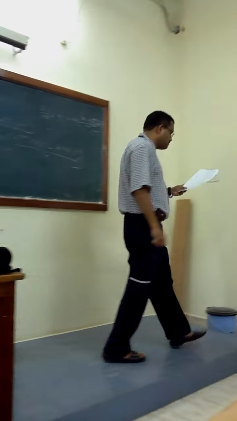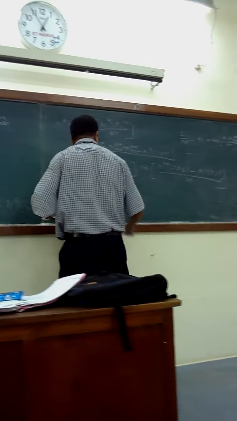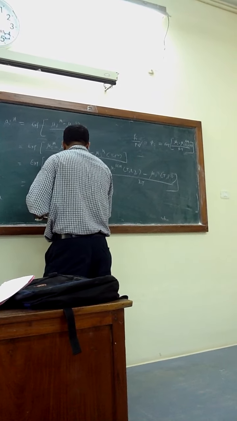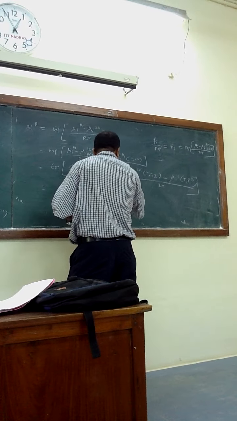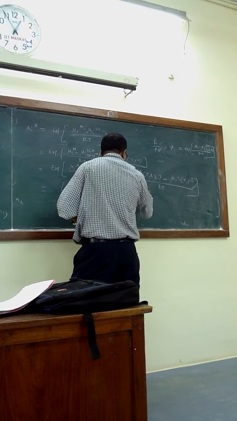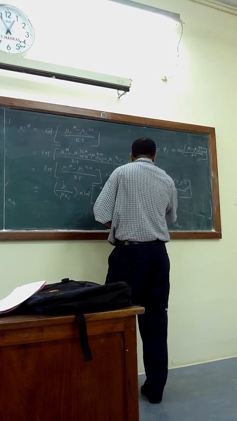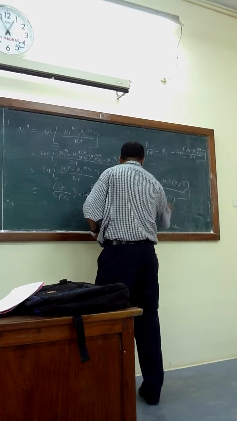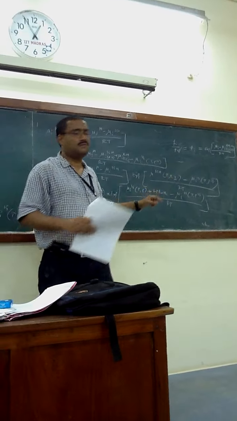So what did you get? Mu I Ig, what did you get? Exponential mu I Ig TP plus RT ln xi minus mu I Ig TP SS by RT. Am I correct? Yes.